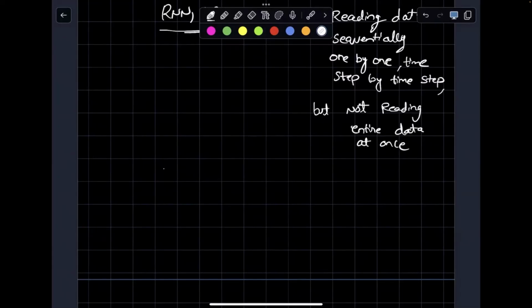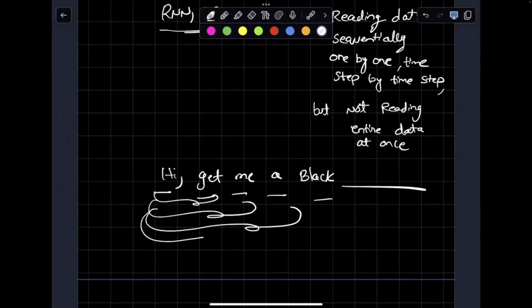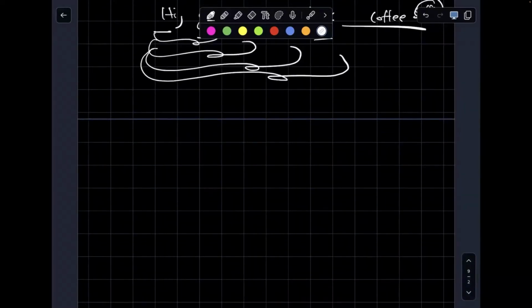Which means if I say, hi, get me a black dash, LSTM will read this first and then read this, make sense of it together, and then read the next, make sense of everything, and predict that, okay, get me a black coffee is the prediction. Fine, that is fine. But this is not always the use case.